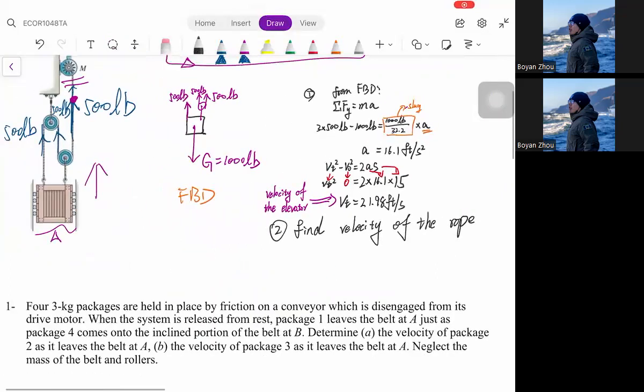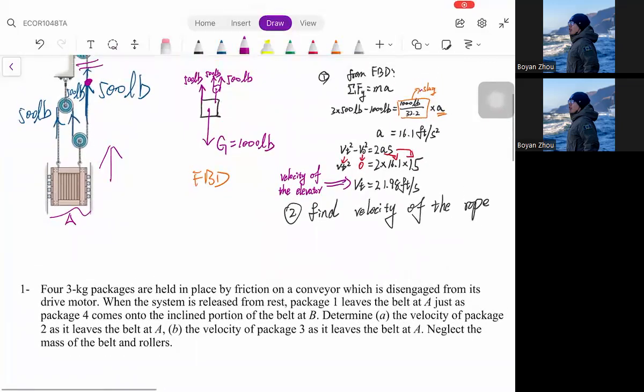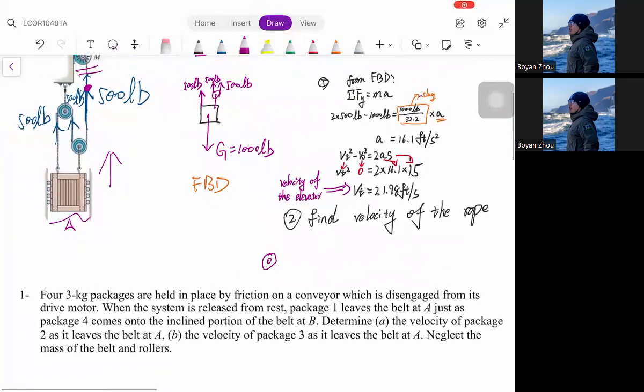Okay, so like before, what I like to do is simplify this system. So the system is like we have a pulley here and a rope going up. And then we're going to find out what's going to be the velocity at this point.